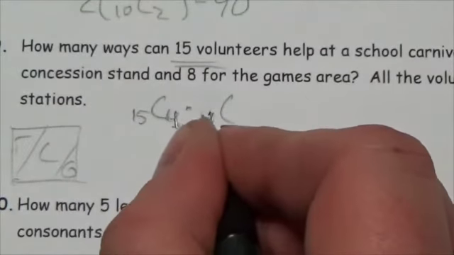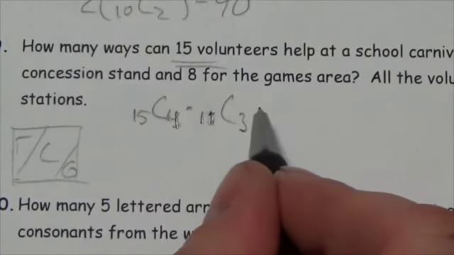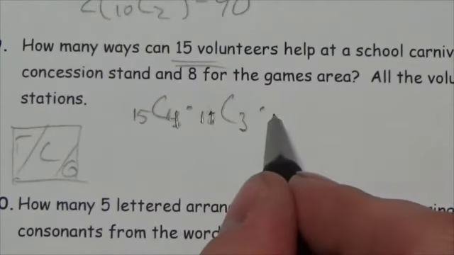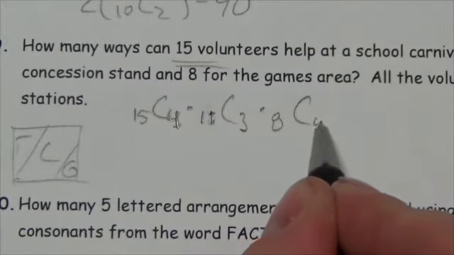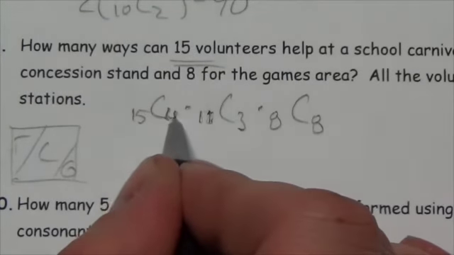It doesn't really matter, and I'll show you why in just a second. I'm going to choose 3 people for that. And once that's done, I've got 8 people left over, and I need to choose all 8 of them to go to the game section.